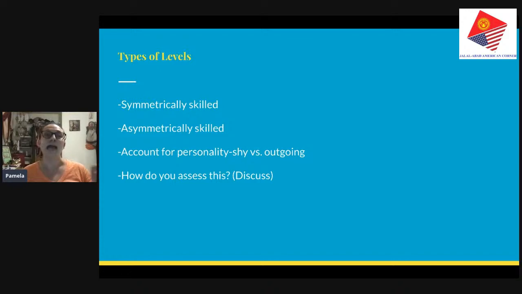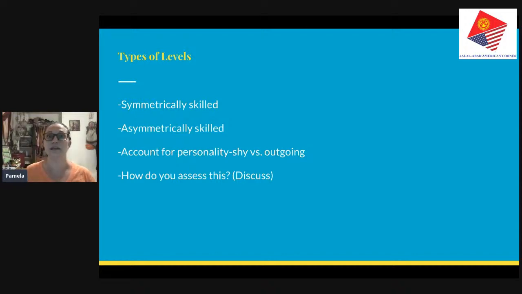Asymmetrically skilled is more common, especially at intermediate level, and means that maybe they are performing better in certain skills and lower in other skills. A very common case is that the reading is really strong but the writing is very low. Or the listening is very strong and the speaking is very low.